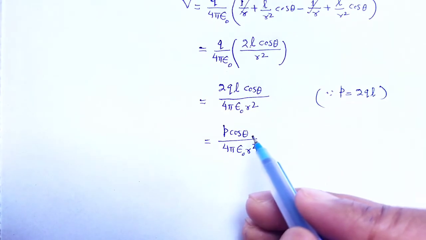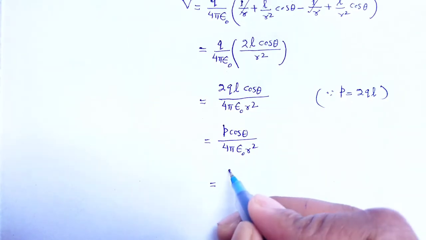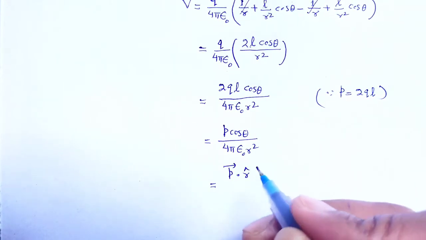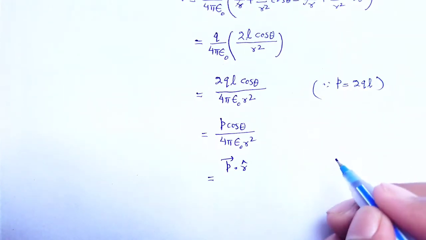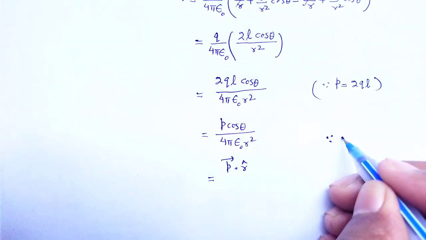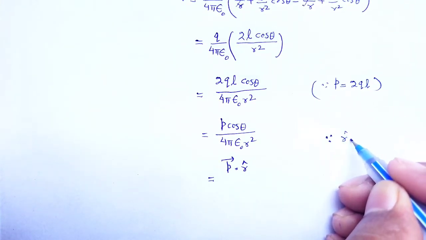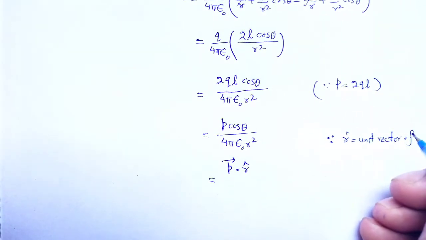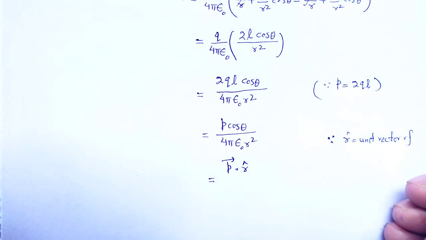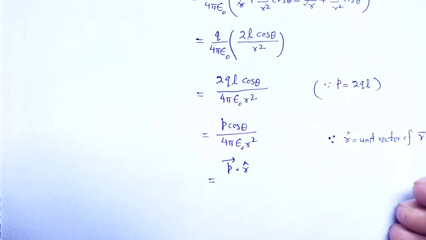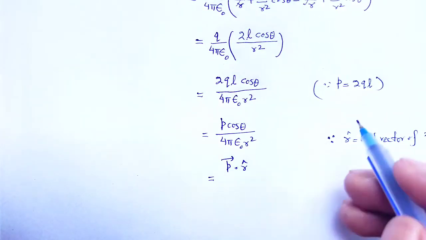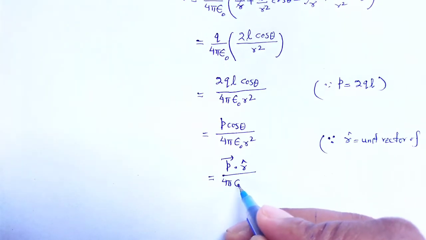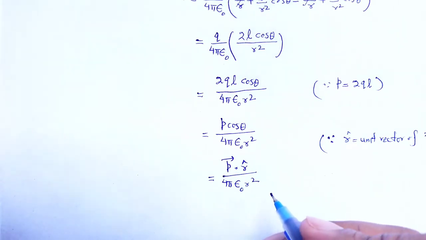P cos theta can be written as P vector dot r cap. r cap is the unit vector of r vector.